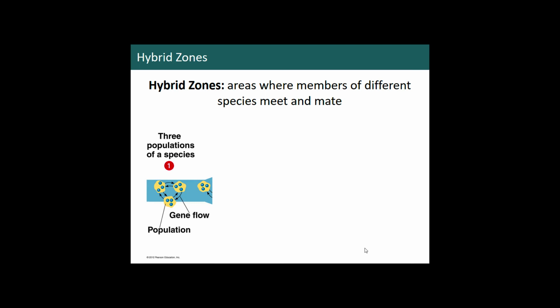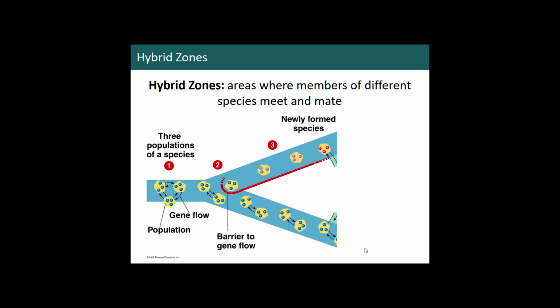Okay? If we have some sort of barrier to that gene flow, and one of those populations gets broken off because of a river or some kind of physical separation, all of a sudden this population is cut off. These 2 populations continue to exchange, and this one is separated away, right?